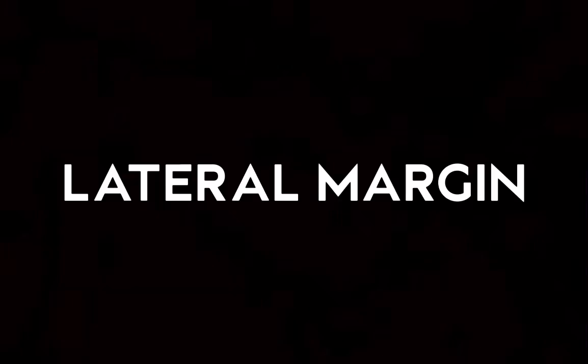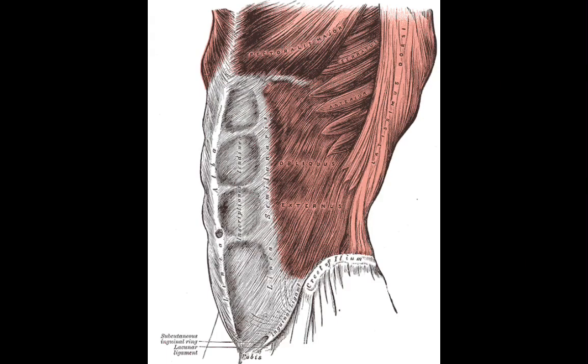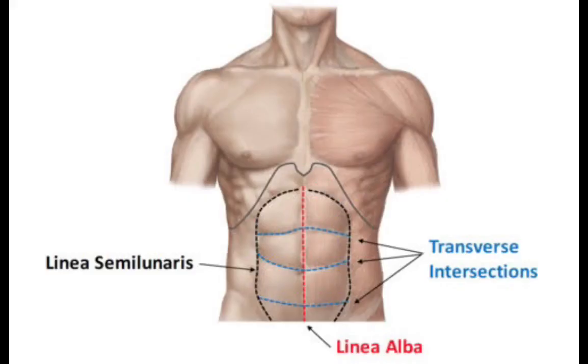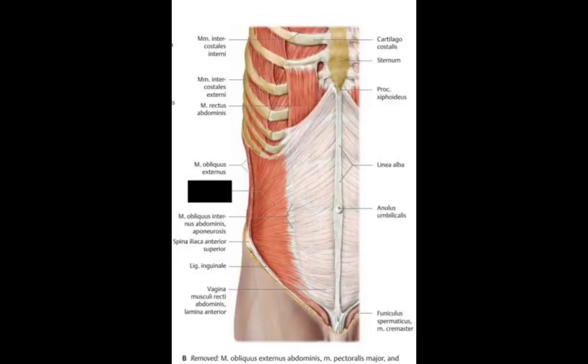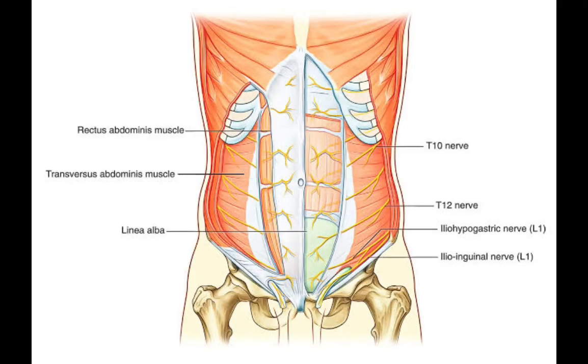The lateral margin is formed by the linea semilunaris. Linea semilunaris is a curved fibrous line extending from the pubic tubercle to the tip of the ninth costal cartilage, and the anterior ramus of lower 6 thoracic nerves enters the rectus sheath after crossing this line.